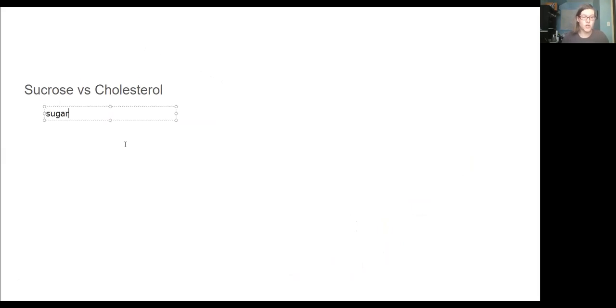Sucrose is a sugar. It dissolves in water. It is sweet. It gets used for energy. So those are things I know about sucrose. Cholesterol is a fat. It does not dissolve in water. Cholesterol, like in eggs. You ever try to get eggs to mix in water?